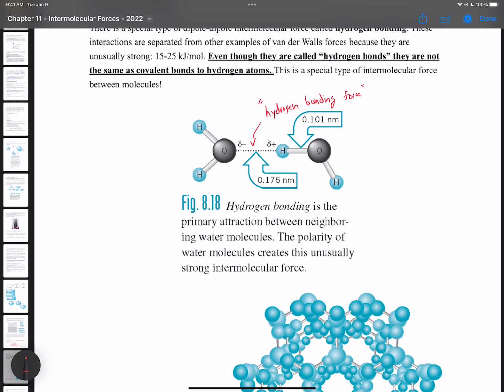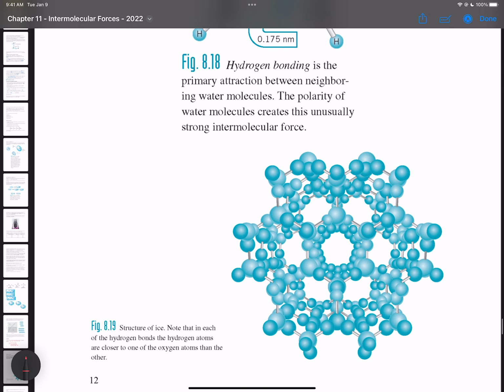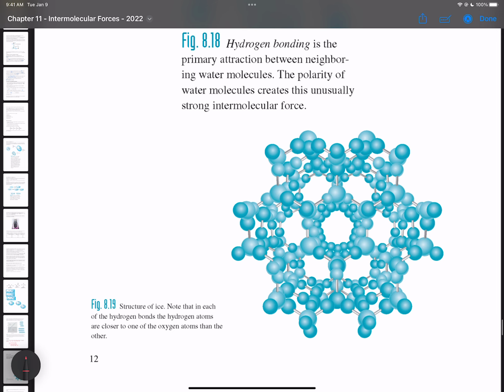And a kind of real life example of how this bonding takes place is the structure of ice. So ice here is a bunch of water molecules that are hydrogen bonded, and it occurs throughout the structure in solid ice, okay? All right, so this is kind of how nature depicts how water arranges itself as ice.